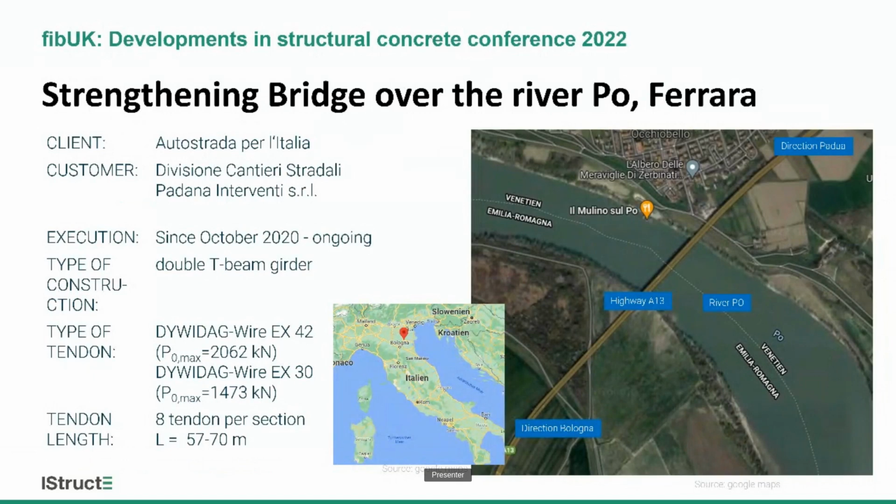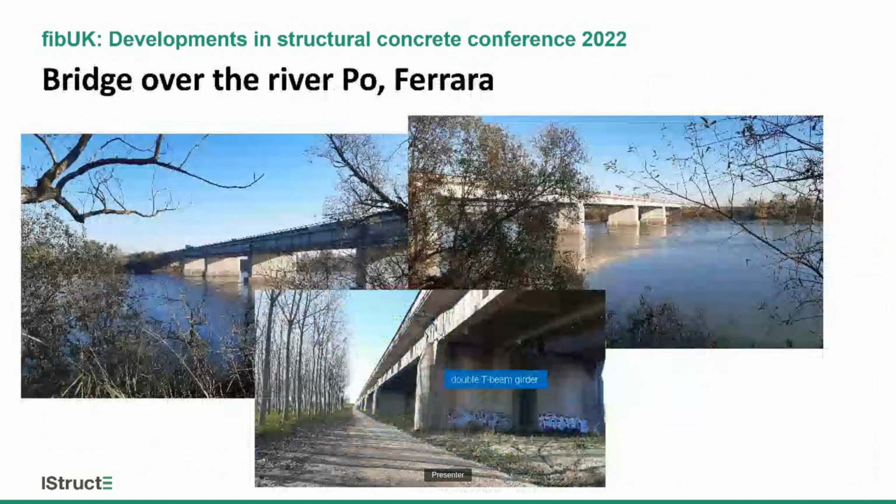In the bullet you will see several examples. The one I'm choosing here is a quite recent project in Italy. It's a bridge close to Ferrara, crossing the River Po. It was strengthened last year.